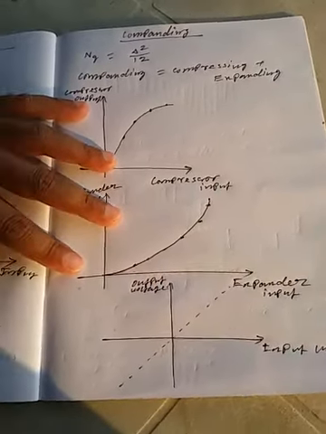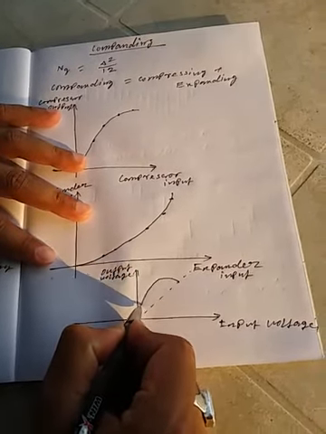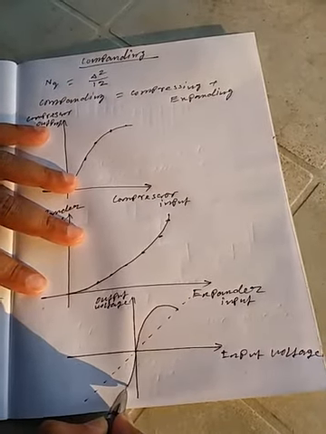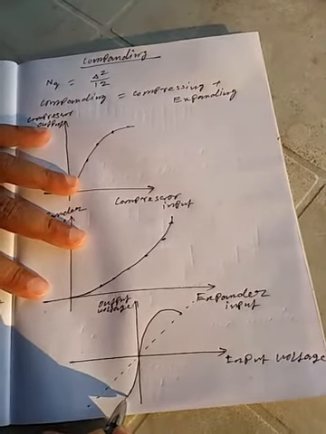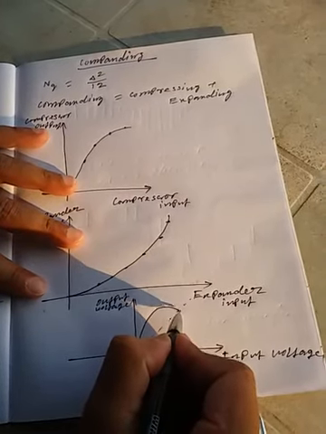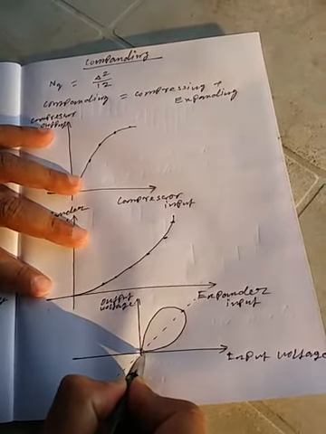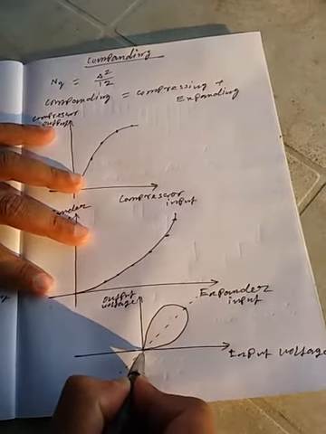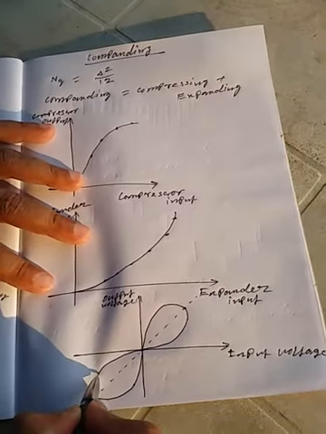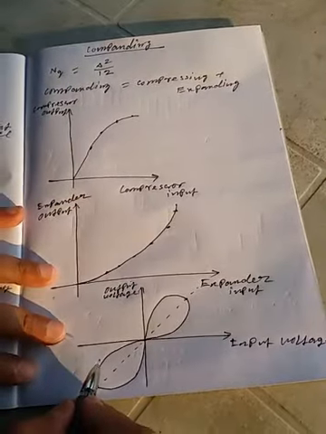Okay, then on the positive side there is a compressor characteristics like this. And for the negative side the compressor characteristics look like this. Okay, vice versa, the expander characteristics look like this way, along the first quadrant or positive x-axis, and along the negative x-axis the expander characteristics is this.